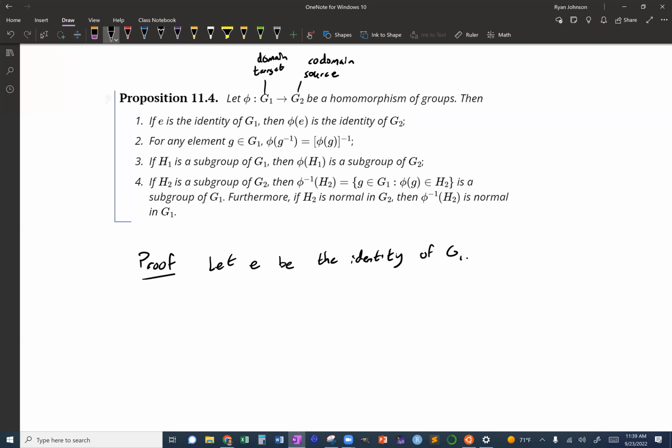And so where should we go from here? What do we need to show? Identity of G2. Okay.